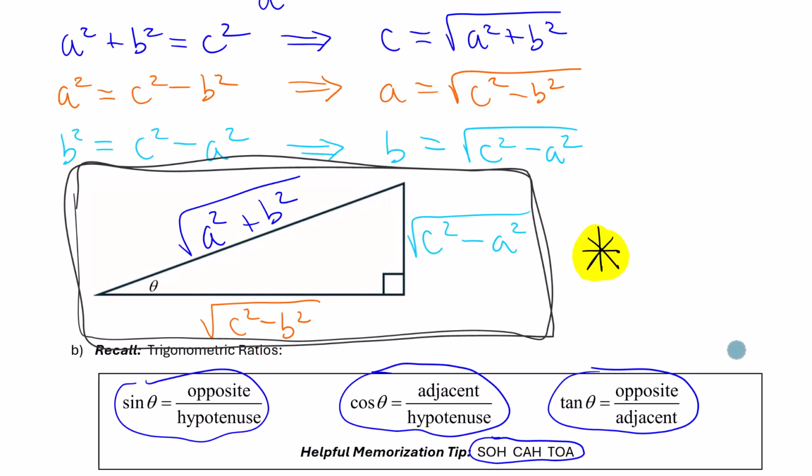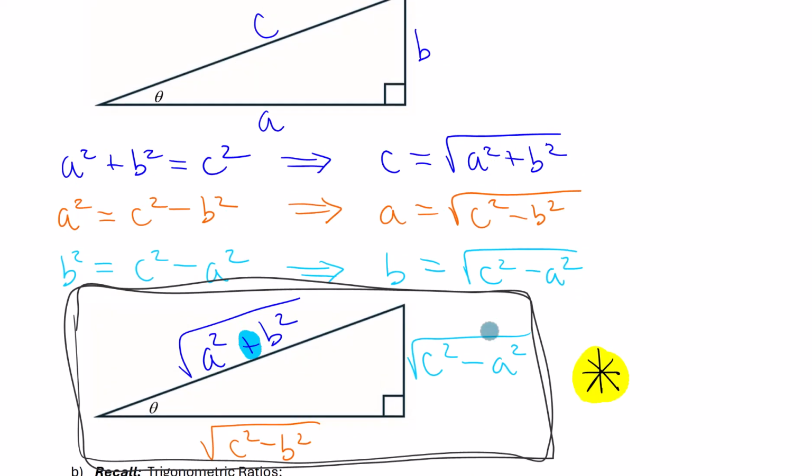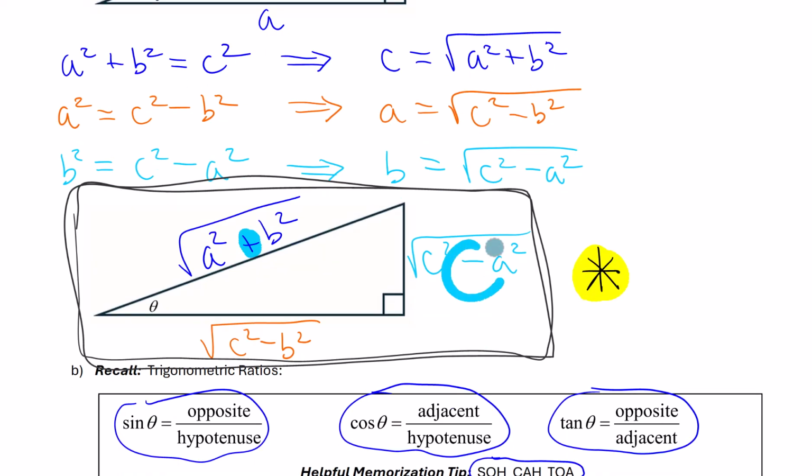Notice that in the second right triangle where we labeled all the sides in their radical or root expressions, only one of them had a positive or a plus in between the terms that are under the root, and it was the hypotenuse that was labeled the square root of a squared plus b squared. So there's a helpful little tip here, and that is remember that the hypotenuse is the only one that can have the plus sign between the two squared terms under the root. And if you're not convinced of that, just look back at the work we just did initially to set up this model. You're not going to get a plus between the terms for the other legs because of the algebra involved.